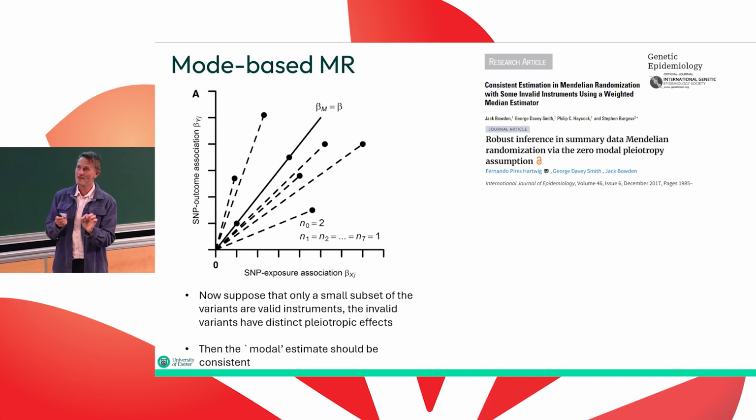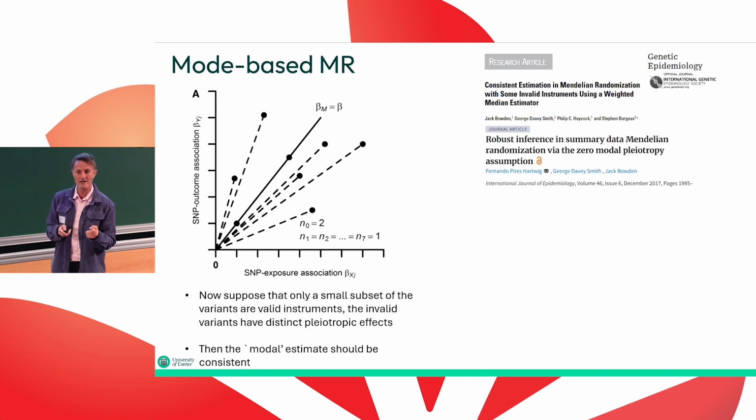But the 2 that are valid give you a very, very similar causal estimate. If you try to characterize the density of ratio estimates using, for example, a kernel density approximation, you can find the mode of that empirical density and say that that's going to be your causal estimate. We proposed this in a paper shortly after, and it has a very high degree of robustness.